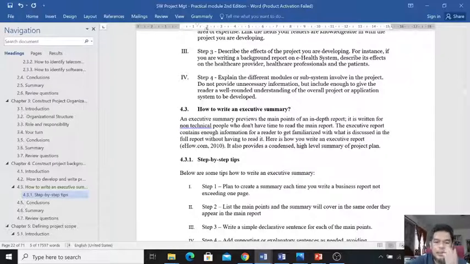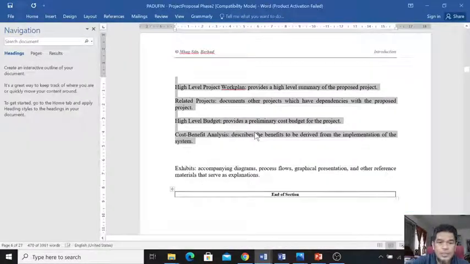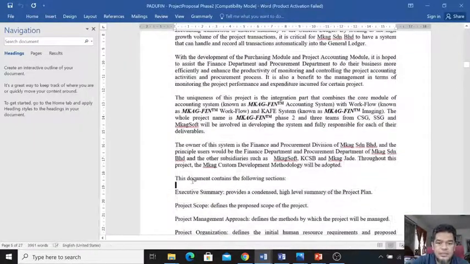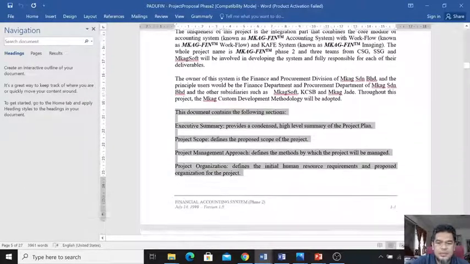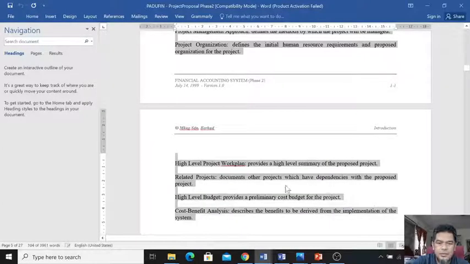Not like this one. This is not summarized. This just tells the reader what the contents of the report are.